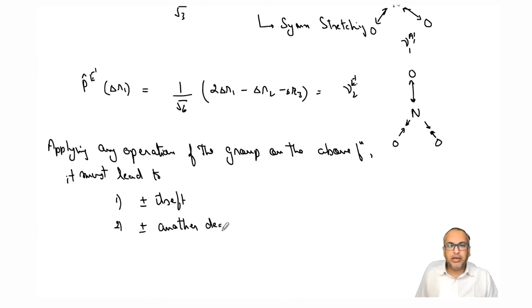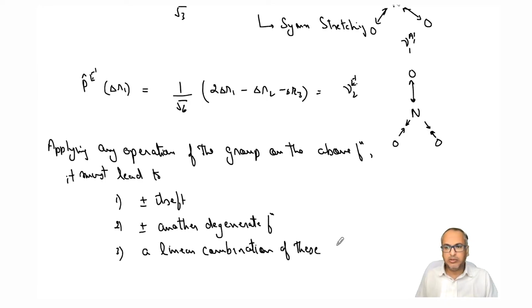You may get lucky and get a degenerate function, the second function which you are looking for. Or third, a linear combination of these degenerate functions. Okay, so let us do it.